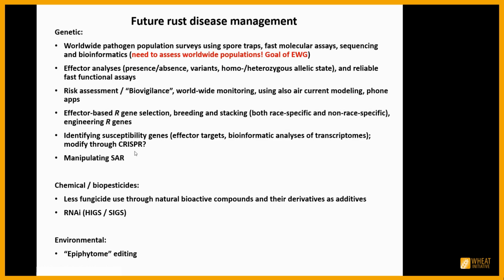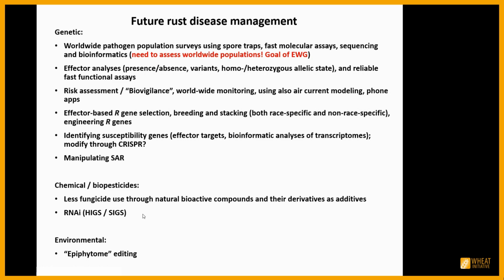Of course, the idea being that we could probably modify them maybe by CRISPR technology, and also manipulate systemic acquired resistance. One of my students is involved in this, and I hope that she will be able to give a seminar about this development next year, which is a very interesting approach.